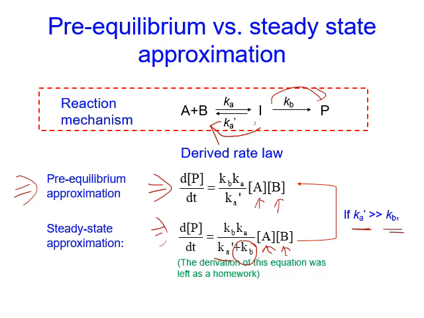Because if you think about this, if Kb is a large number, then the reaction will never reach equilibrium, because whenever you form I, it does not go back to AB, but instead goes to P. So you cannot reach equilibrium, and therefore you cannot use the pre-equilibrium approximation. So the pre-equilibrium approximation is valid only when Ka prime, the reverse reaction for the first step, is much greater than the rate constant for the second step.